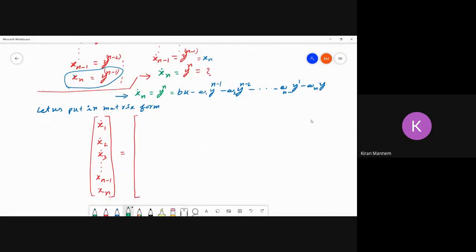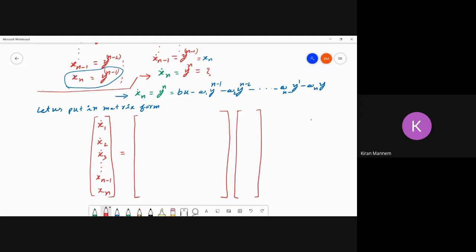How do I write? Let us put your matrix like this. As much as possible like this. This is A matrix multiplied by your x of t, right?